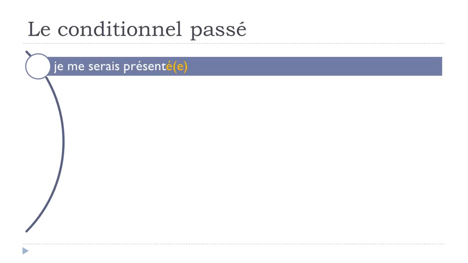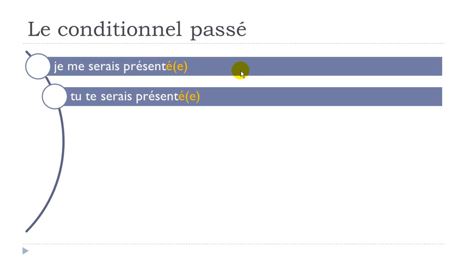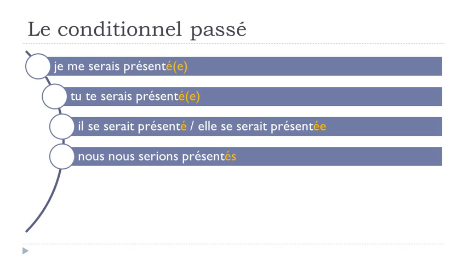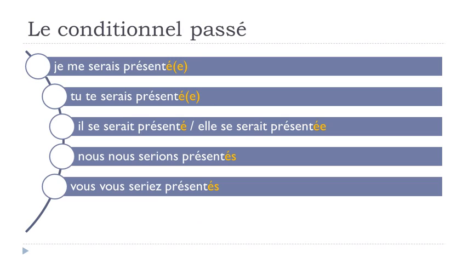And then one example with these reflexive verbs that we saw. I just wanted to use se présenter. So je me serais présenté. Tu te serais présenté. Il se serait présenté. Elle se serait présentée. Nous nous serions présentés. Vous vous seriez présenté.